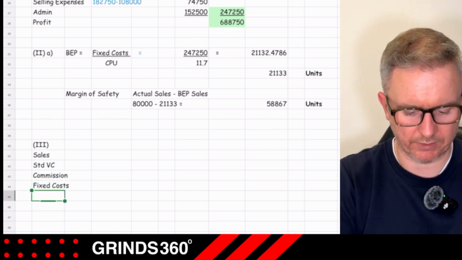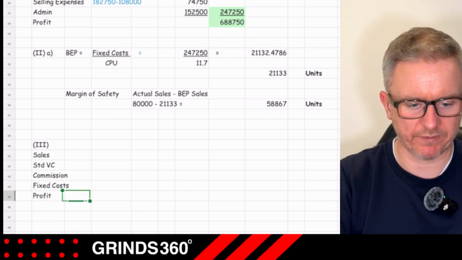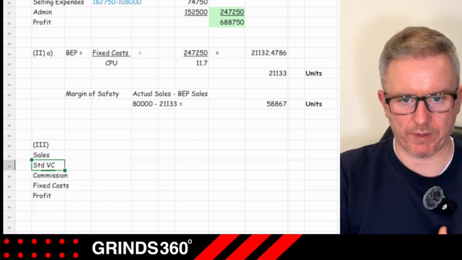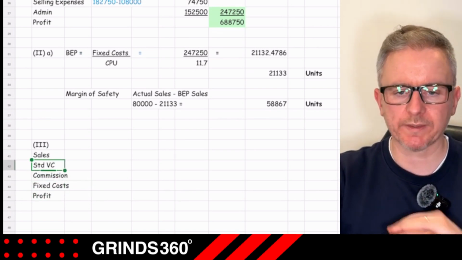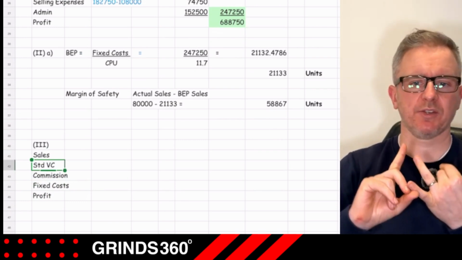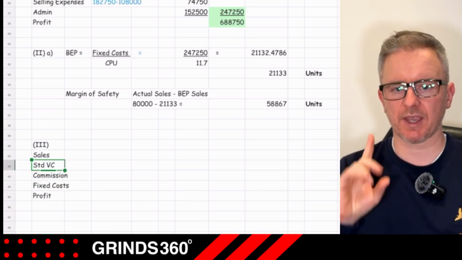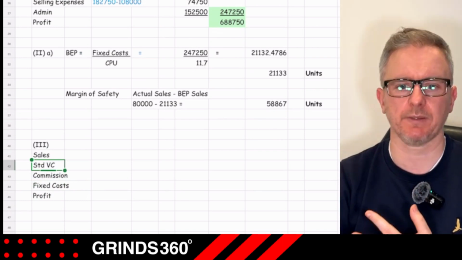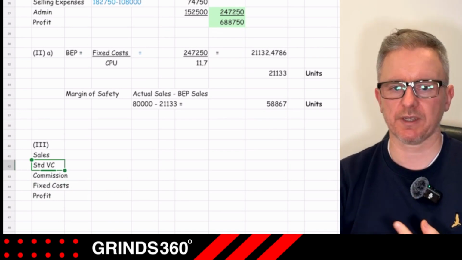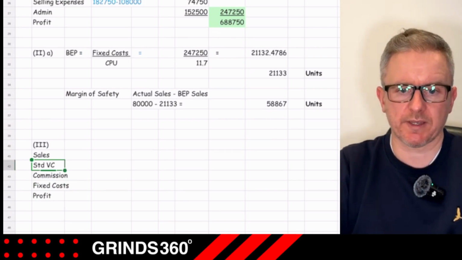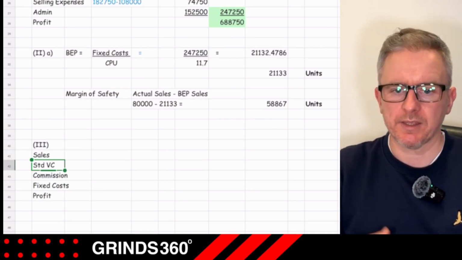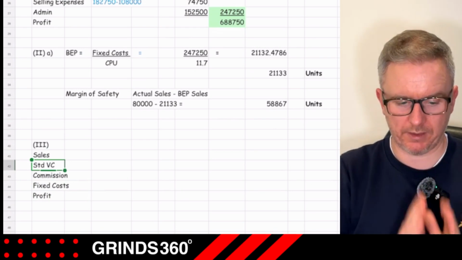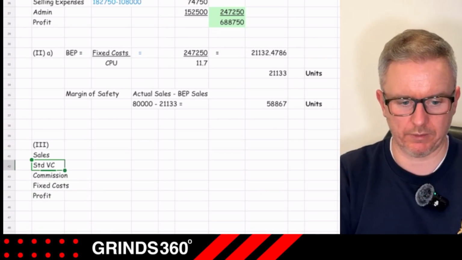We subtract all of those and we end up with a profit figure. This always works. No matter what they ask us, whether to change the selling price, calculate the number of units, find the selling price, or find the profit generated, this will always work.